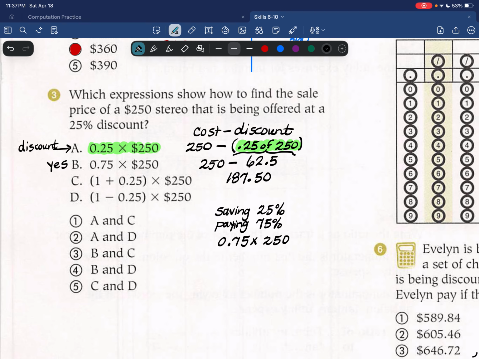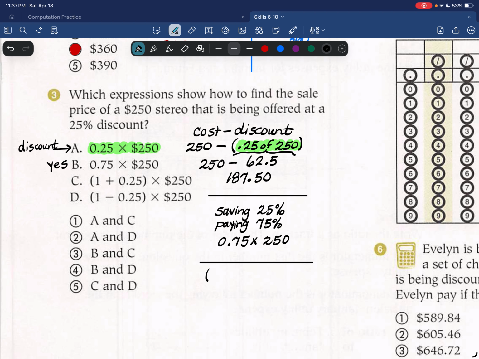C is just weird. I don't know. They're trying maybe to confuse me with that sales tax thing. D, be careful, because D is actually one of your choices that will work. Here's what I mean.